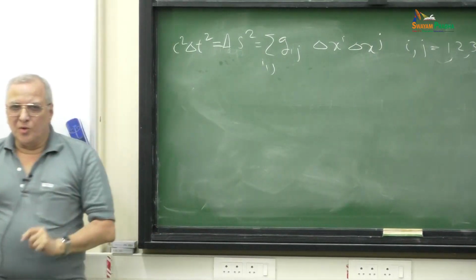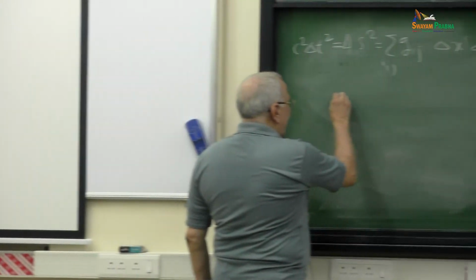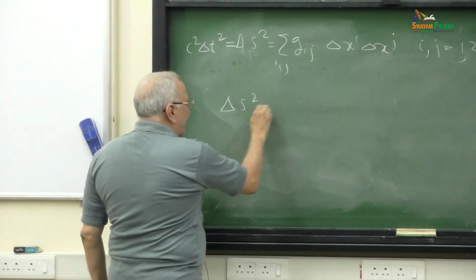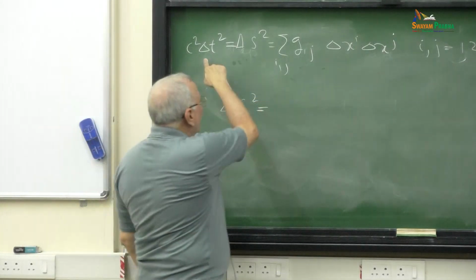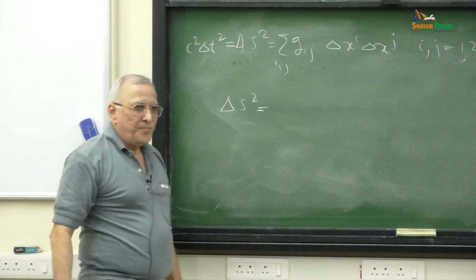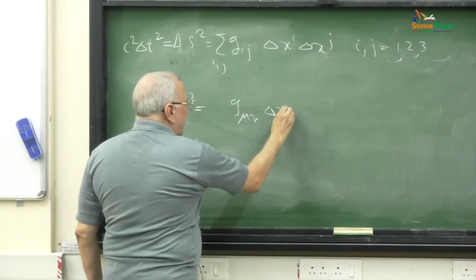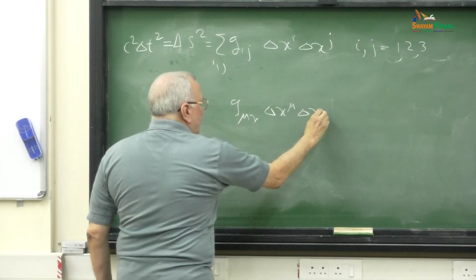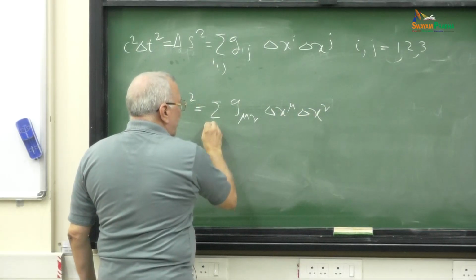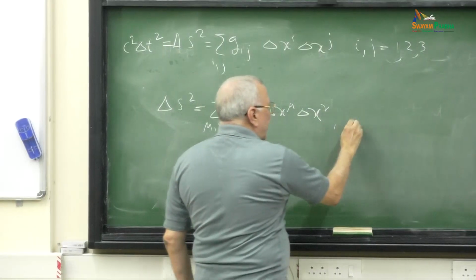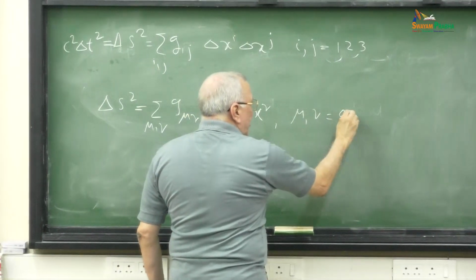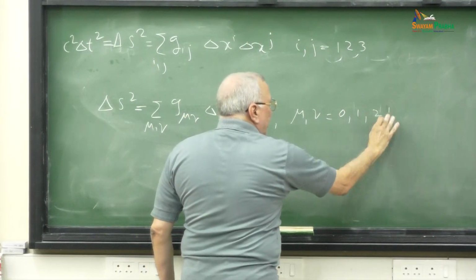Now what I am going to do is make one more jump, so to say, and generalize the formula to say delta s square to be, I will include this guy, put it on this side, and then write it as g mu nu delta x mu delta x nu, summation mu nu equal 0, 1, 2 and 3.